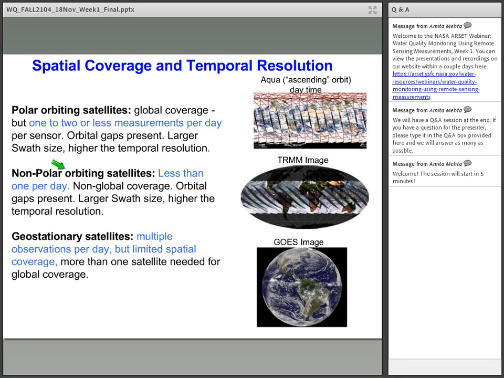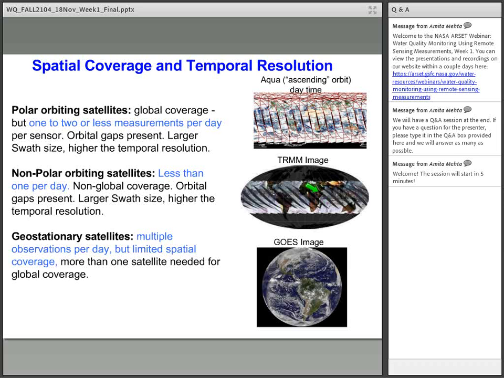Sometimes non-polar orbiting satellites observe even less than once per day. They do cover global longitudes, but they also have orbital gaps. So depending on swath size, the spatial resolution and coverage can be decided.